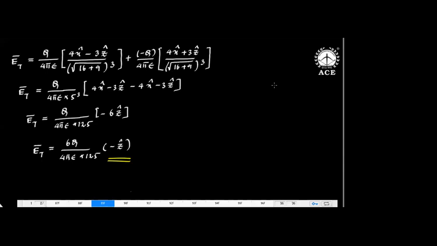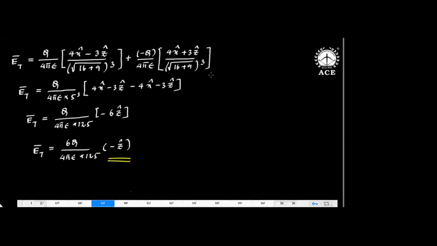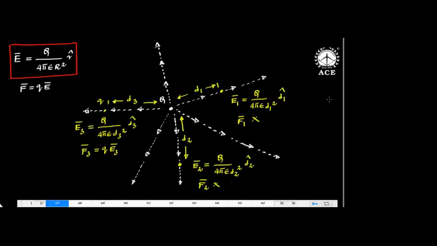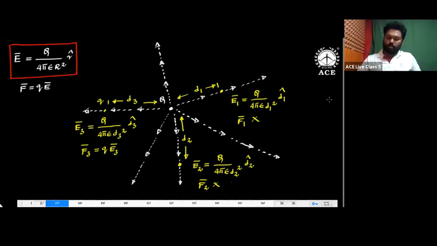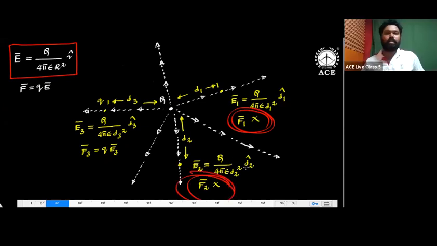Good evening, sir. Yes, beta, boliye. Sir, in the electric field intensity, where you drew the diagram, could you open that slide? In that, F1 does not exist here. Because you have a negative charge, only then will it exist. If there is a charge, it will exist. If there is no charge, no electric field, no force.